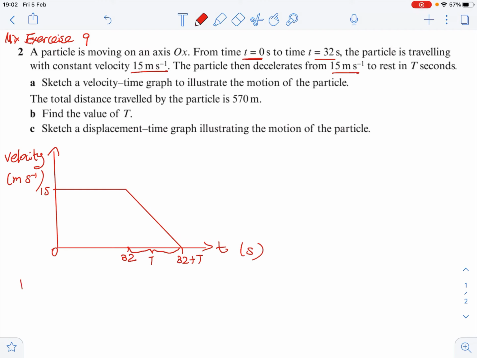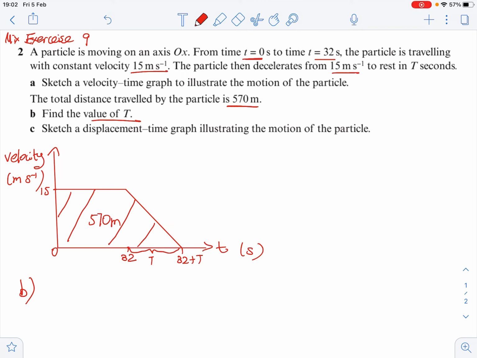In part B, we're asked to find the value of t. We're told the distance traveled by the particle is 570 meters. Remember, the total distance is the area underneath the graph.